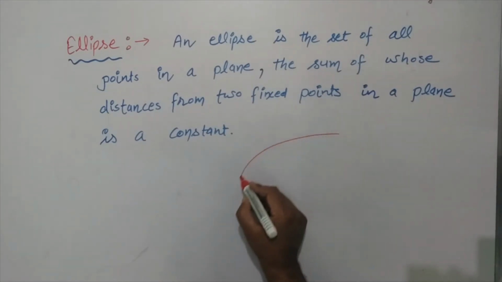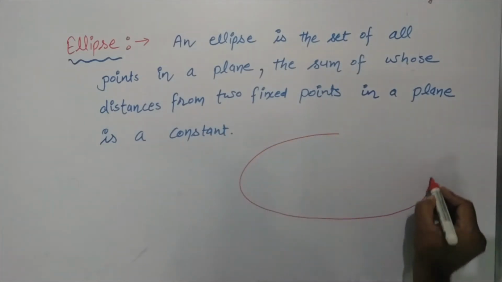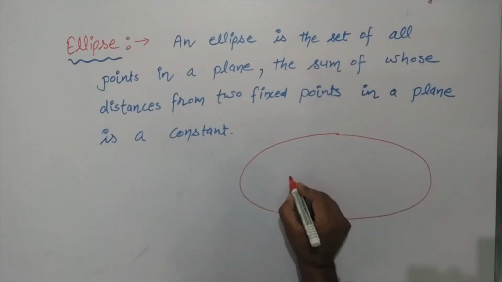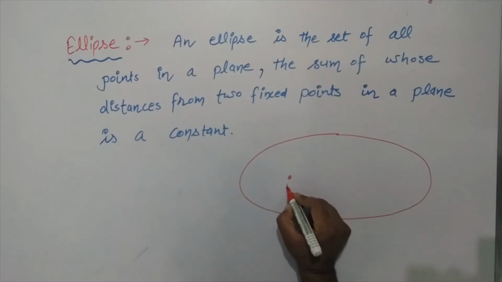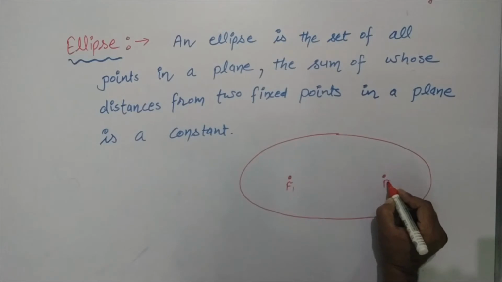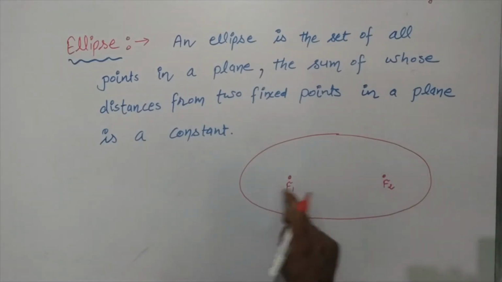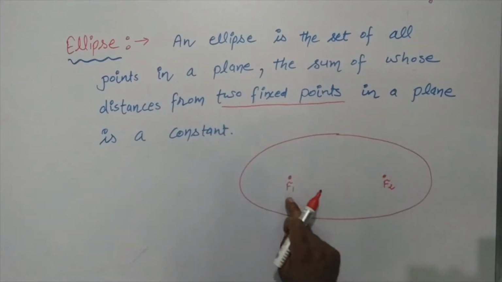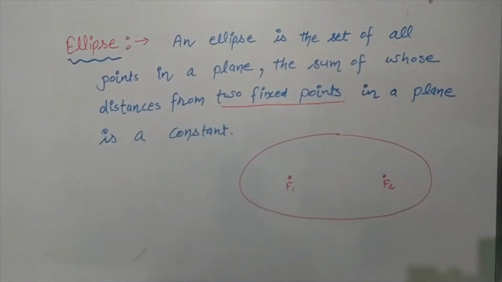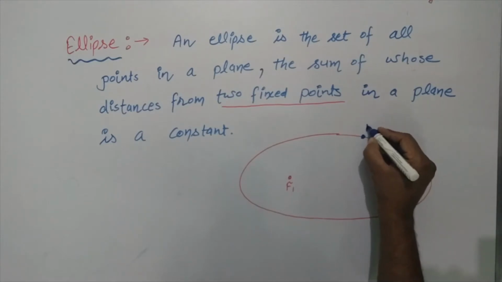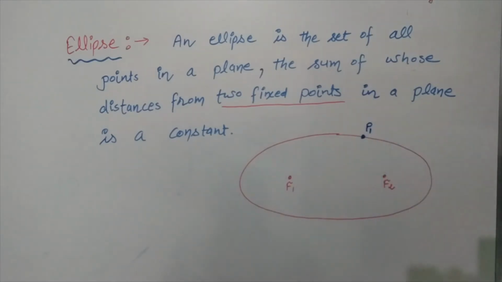Suppose we have this shape, and this is one point, say F1, and this is second point, say F2. These are the two fixed points. Now P is the moving point. Suppose this is P1.